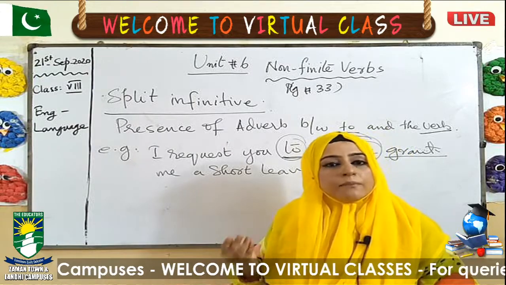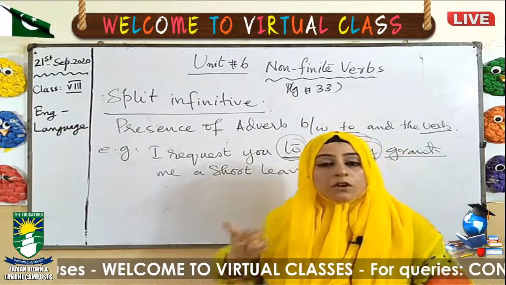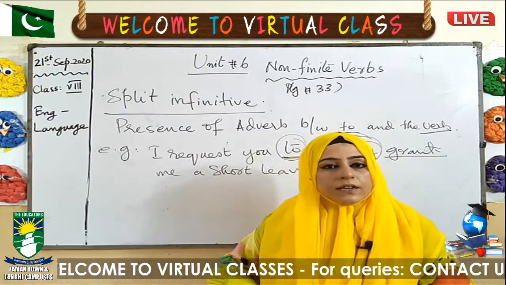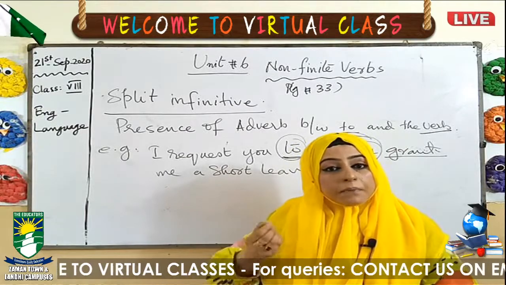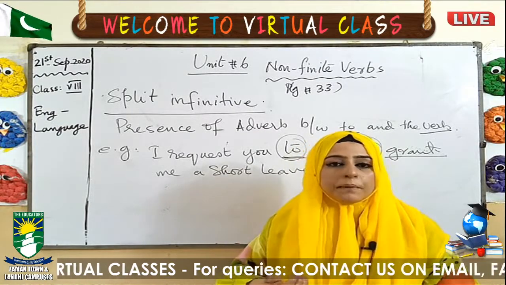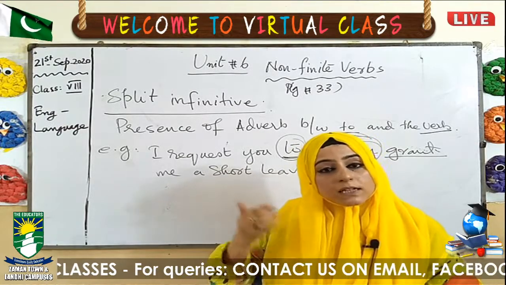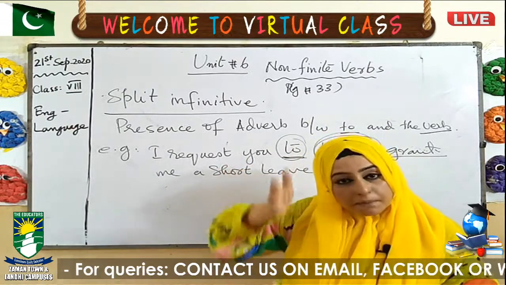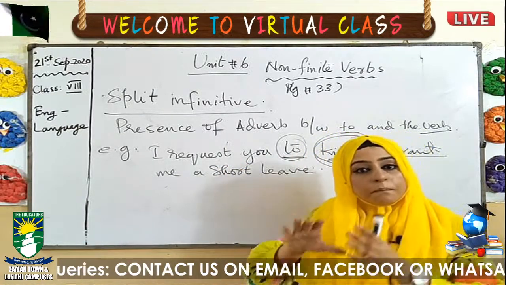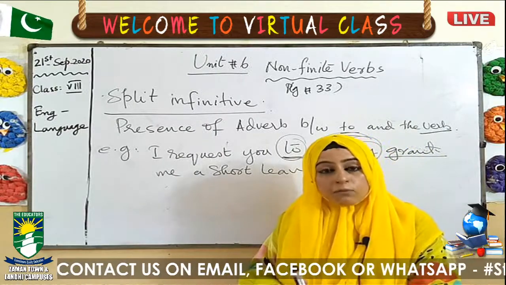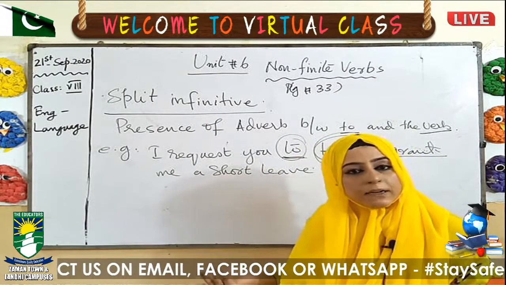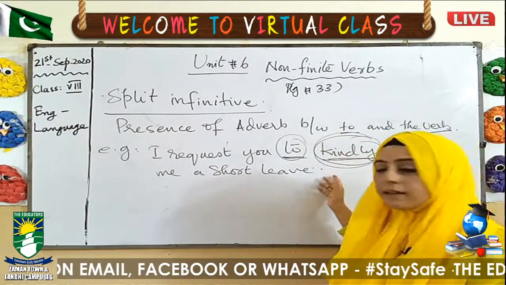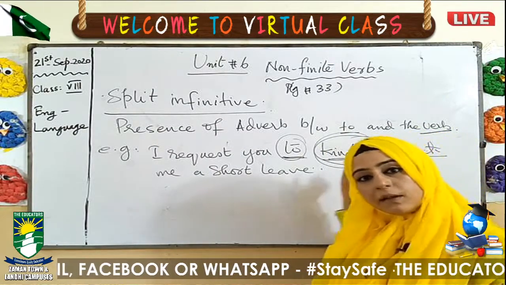Full infinitive, bare infinitive and split infinitive. Identification is, one is with preposition, another without preposition. One is to plus verb, and split means breaking, to plus an adverb in between, any adverb it could be. Here in the example I have written kindly, then we have the base form of the verb.